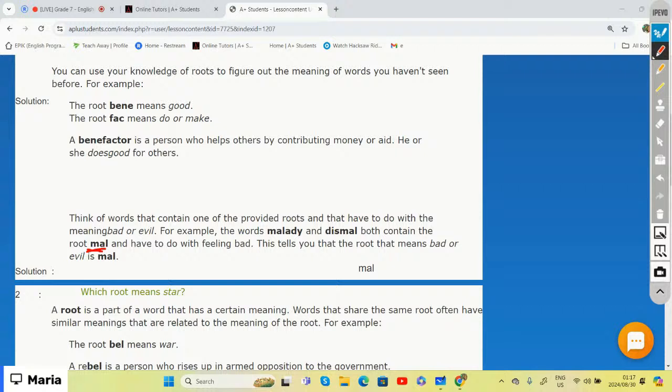If the root tells us it's something to do with bad feelings, then it means that the root of that word is bad or evil. So mal means bad or evil.